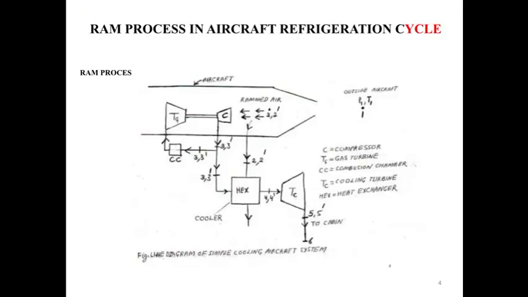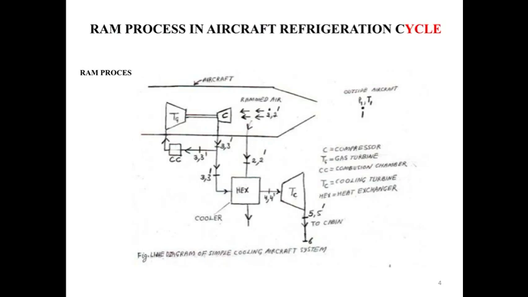Here in the upper diagram there is the aircraft, and T1 is the outside or ambient condition where air is coming to the aircraft surface. After that the air temperature becomes T2 and pressure becomes P2, and that air is called the rammed air.